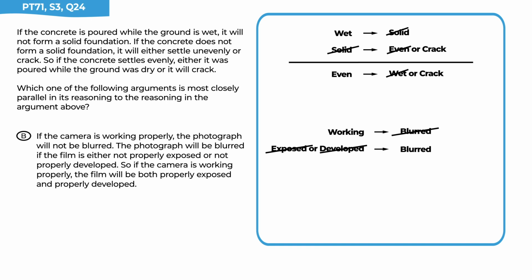So the second premise is giving us a reason we could bail at this point. If we did make it all the way to the conclusion, again telegraphed by the word so, we would at this point notice that our conclusion is offering us a conditional with an and in the outcome, whereas the original argument had an or in the outcome. If that feels nitpicky, that's what parallel reasoning can be all about.